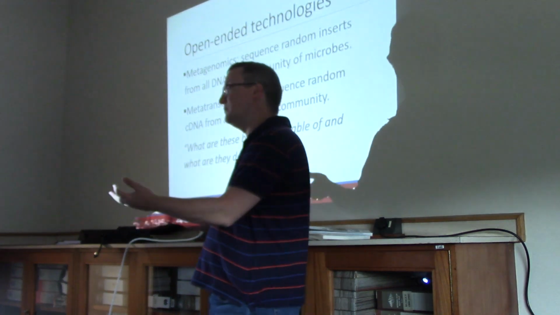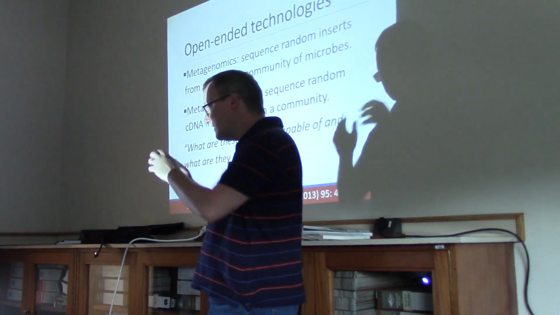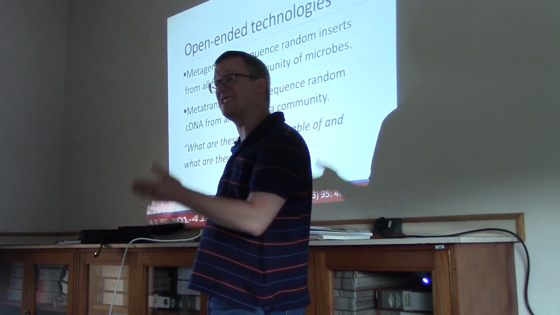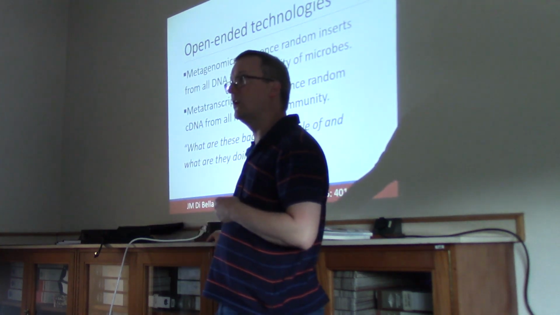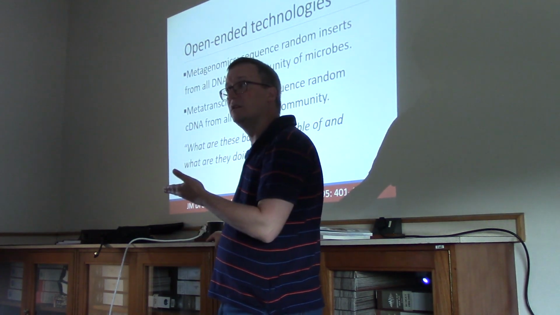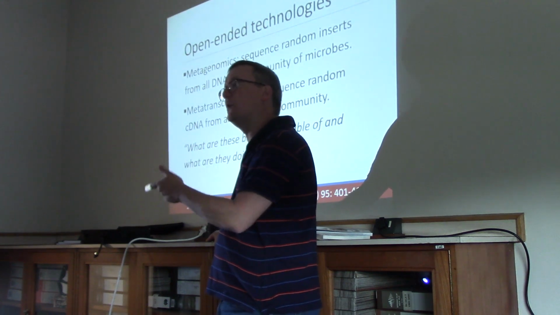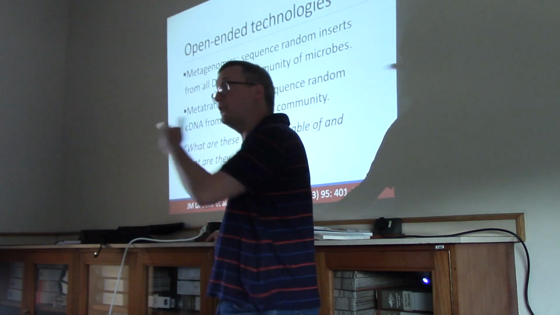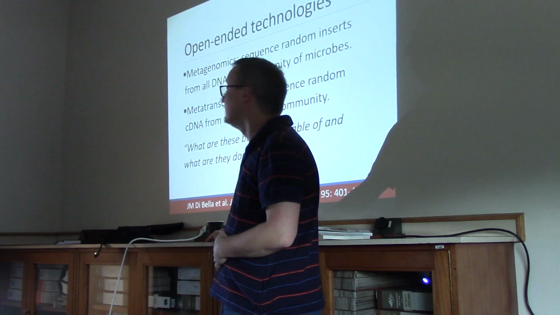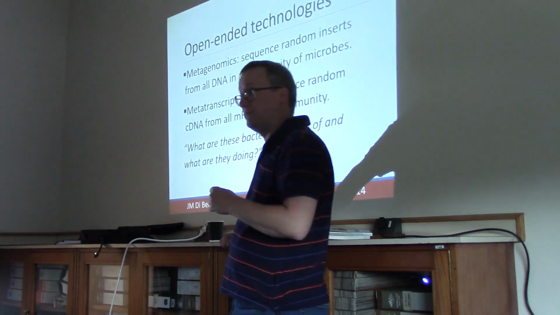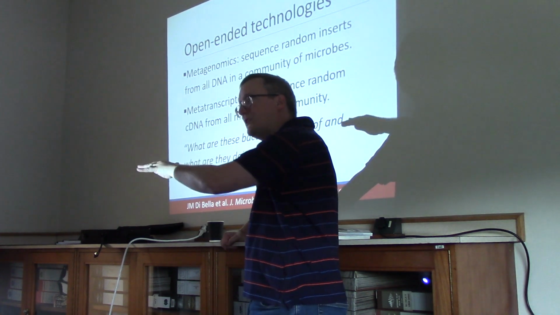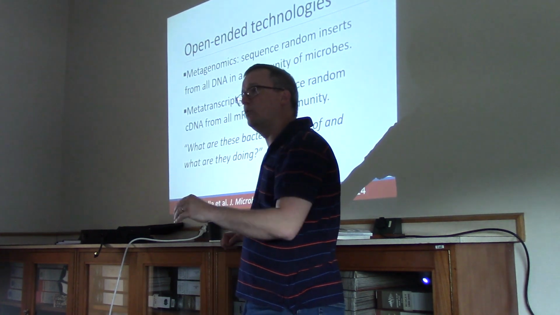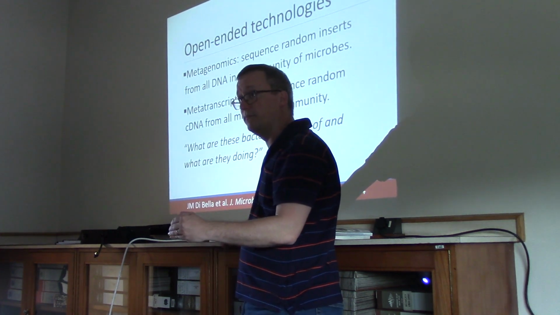And now we have the ability to say, this long stretch of DNA, this contig, represents the reads. Now we need to figure out what species that's from, or what functionality that encodes. That's metagenomics.